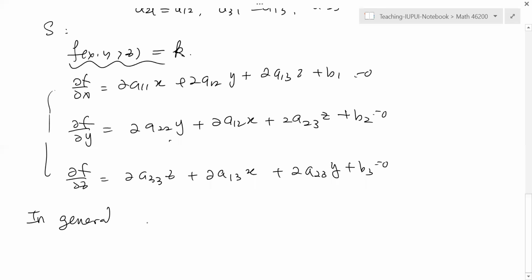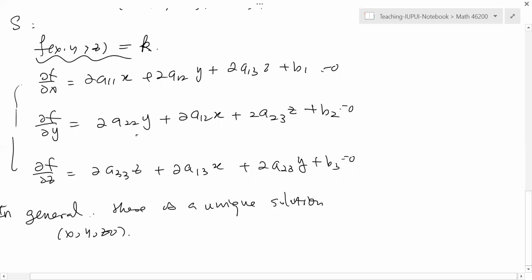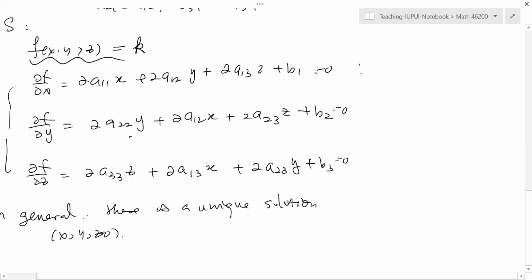In general, there's a unique solution to the above system, x0, y0, satisfying equations 1, 2, 3.